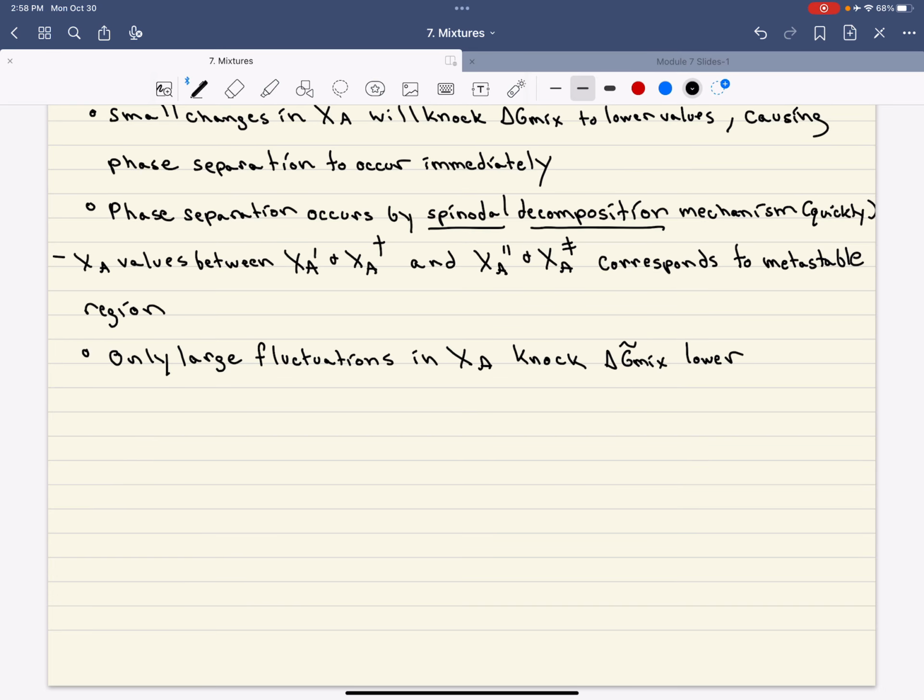Right? And so when we're in this region, phase separation occurs via what we call a nucleation and growth mechanism.